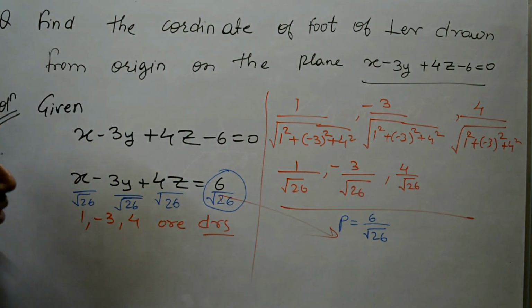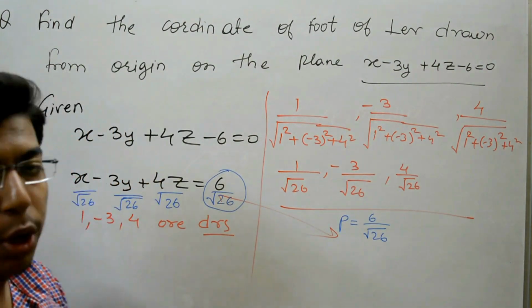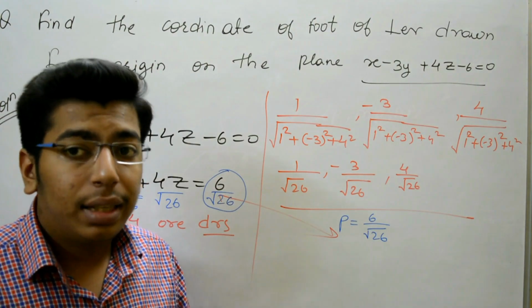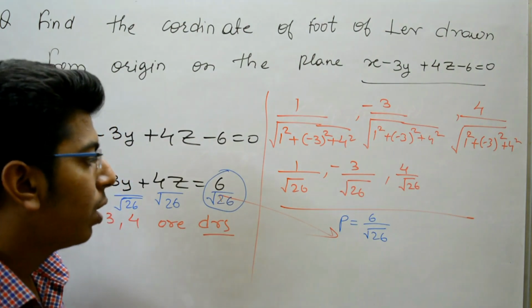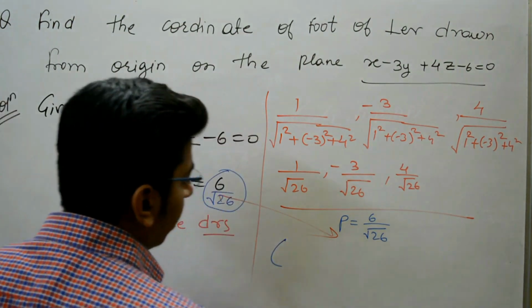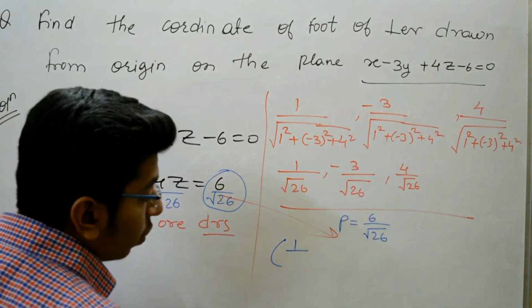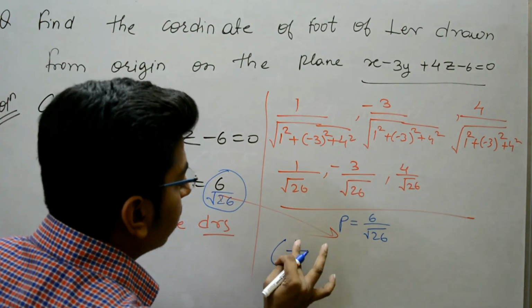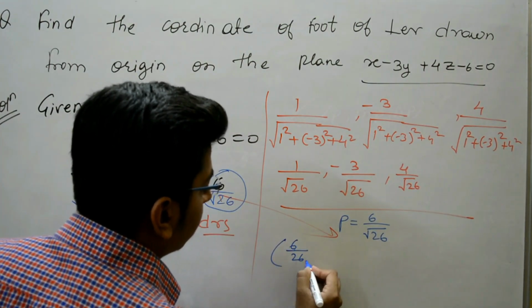Then in the next line you write: the coordinates of the foot of the perpendicular are, in curved brackets, lp, mp, np. So in the next step, what is l? l is 1 upon root 26 into this 6 by root 26, that will be 6 by 26.